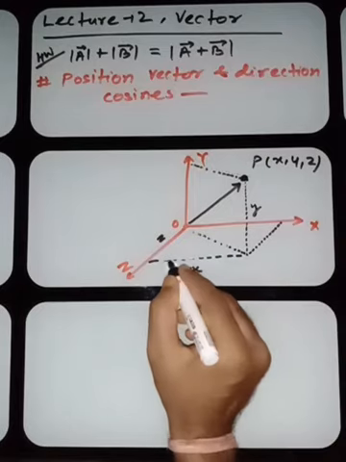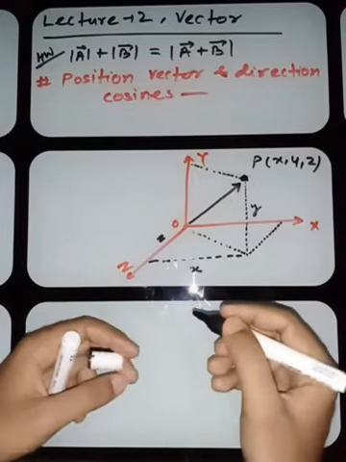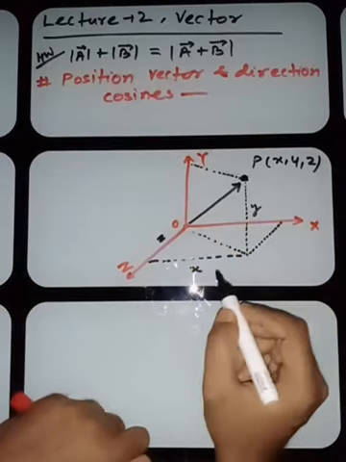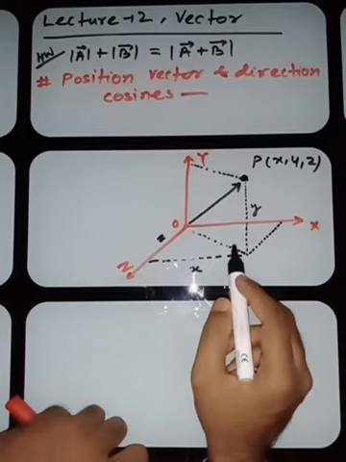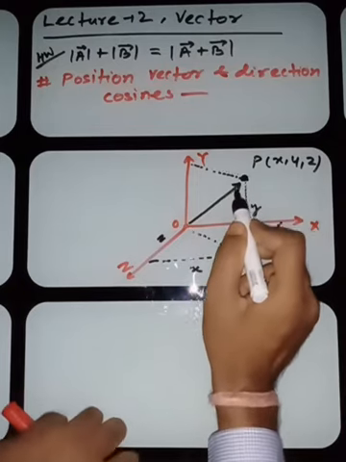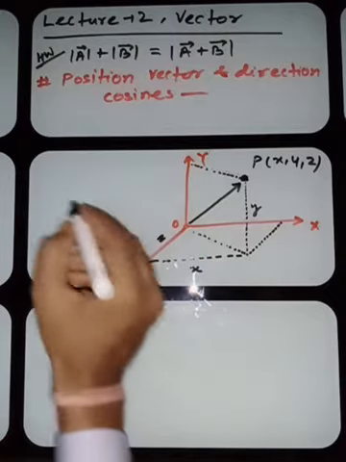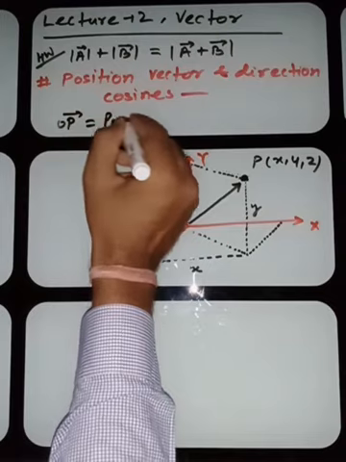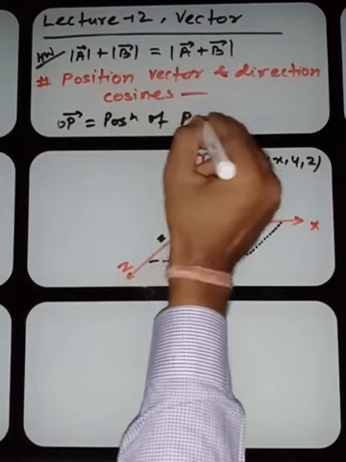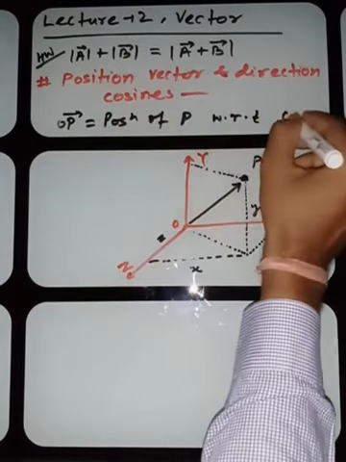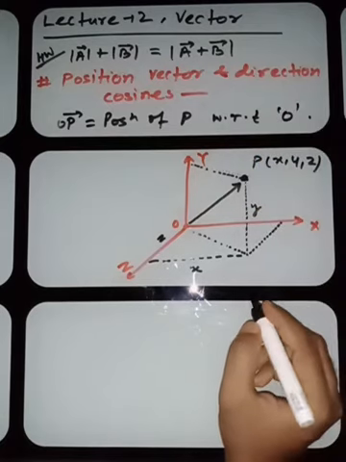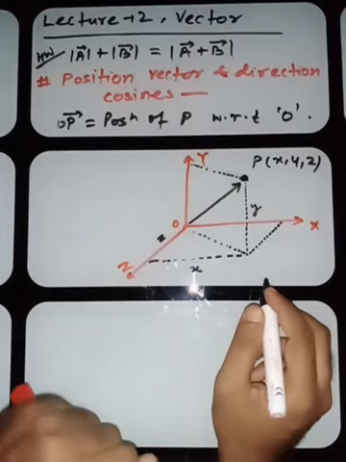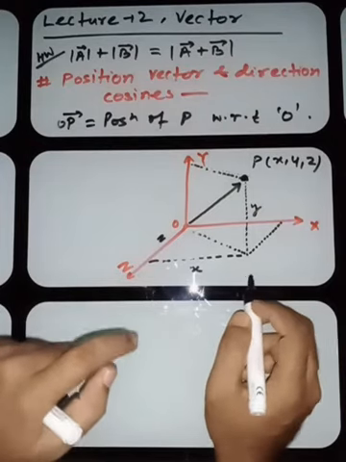All right, my dear student. Now, this position vector OP gives the position of P with respect to O. Remember, my dear student, now we are going to find the direction, the angle it is making with the x, y, and z axis.